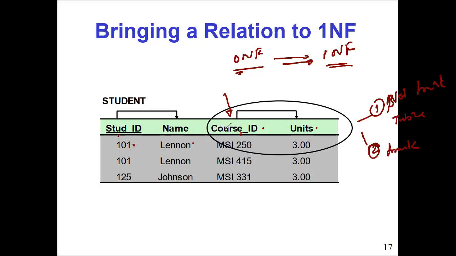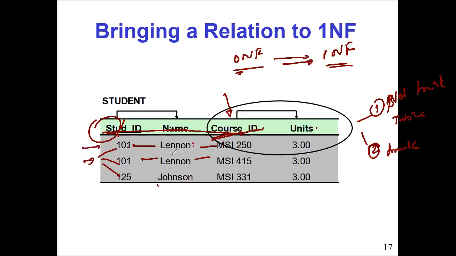So we can make it a primary key, and then we get unique tuples. See, 101 Lennon MSI 250 is not duplicating, and 101 Lennon MSI 415 is a different case.